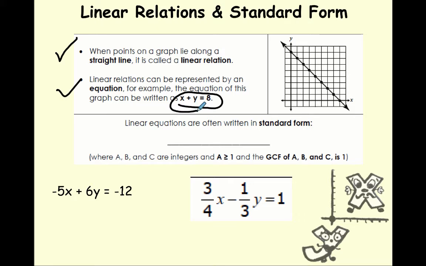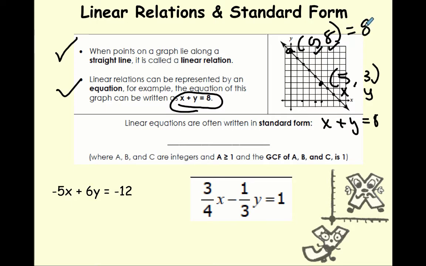This specific graph over here is a relationship between x plus y equals 8. If you take any point, such as this one, which has coordinates of 5, 3, this being the x and this being the y, and add that x to that y, you get 8. If you take this point, which is at 0, 8, and add this x to this y, you also get 8.